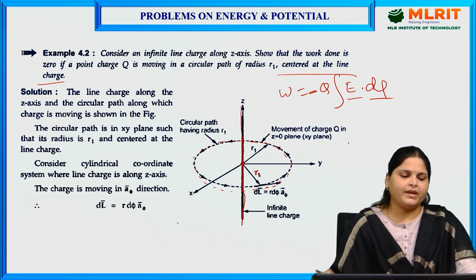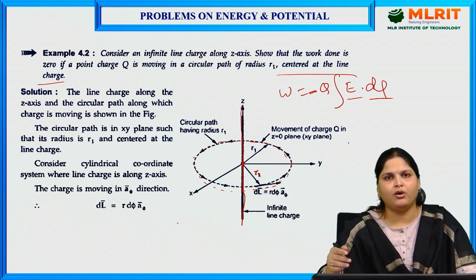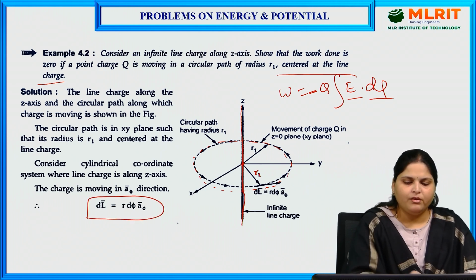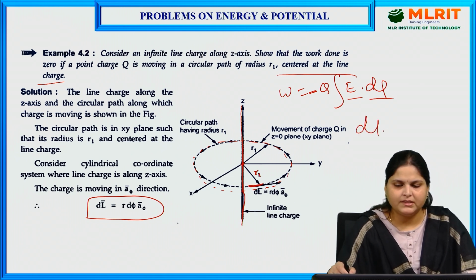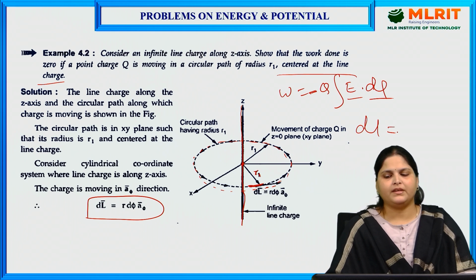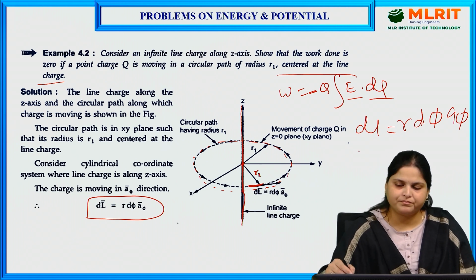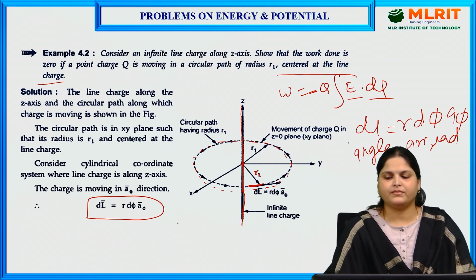So we can write that the charge is moving in the phi direction as it is along the circle, right? To find dl, we need to consider a small path on that circle, which gives us the value r d phi. And this is coming from the formula which gives a relation between angle, arc and radius, right?